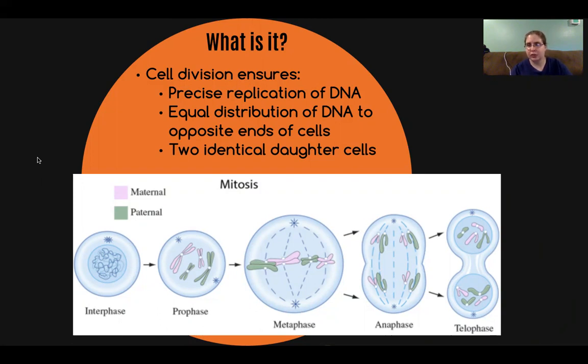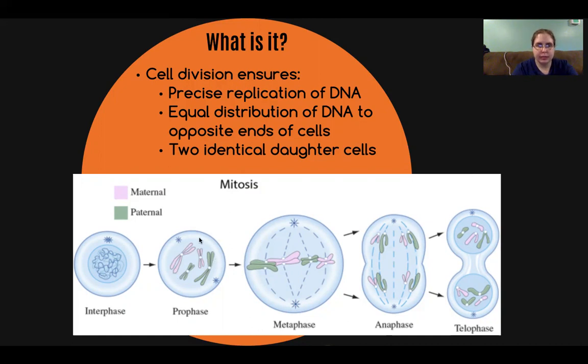They are identical to each other because they have the same information, and they're identical to the original cell. So if you look at this picture, this is a chromosome, and one side of it would be the original, the other side would be a copy of it. So it's two copies of the same information.